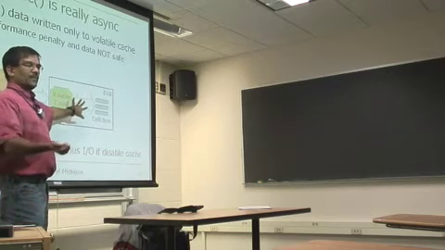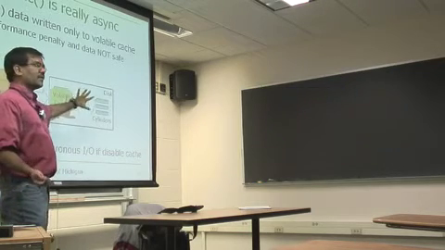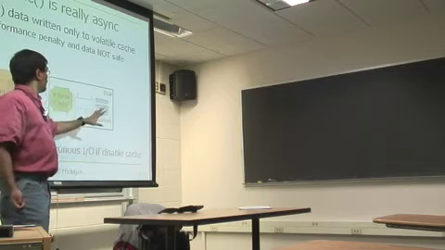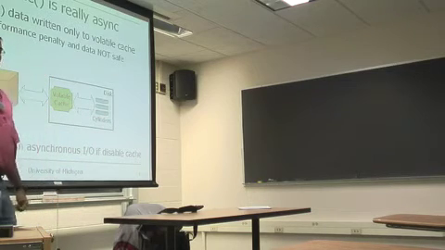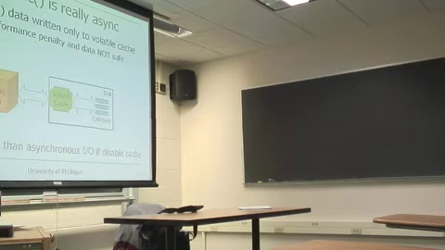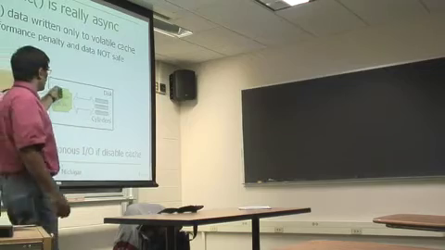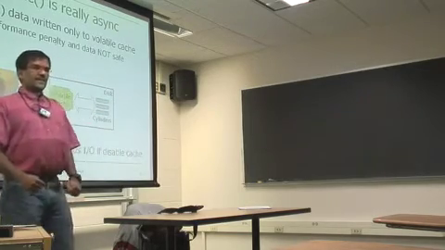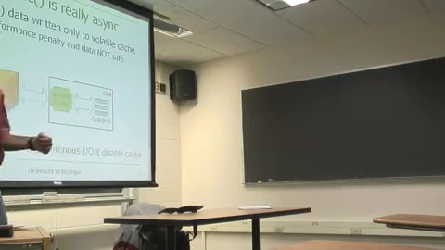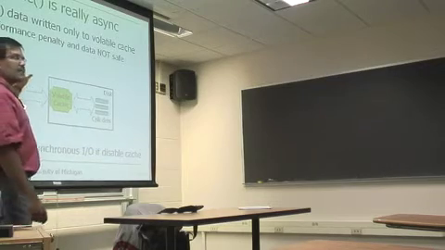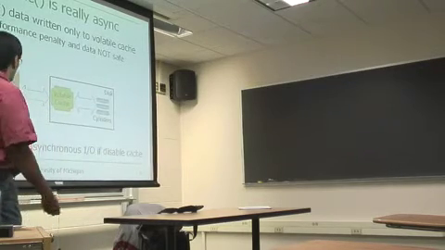This is volatile. If you pull the plug, or if the system crashes or whatever, then this may not be written into the disk. So if you truly want synchronous the way you imagine it, anything you write would have to go all the way to disk, and till it finishes, you cannot do any of the processing. So you have to wait till all the writes finish, right? And of course, that's very slow.